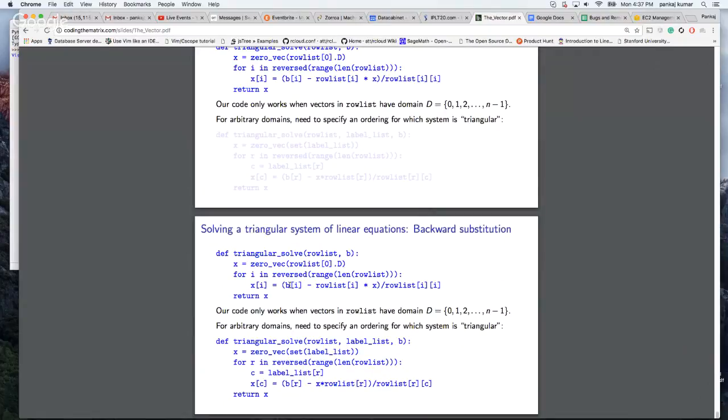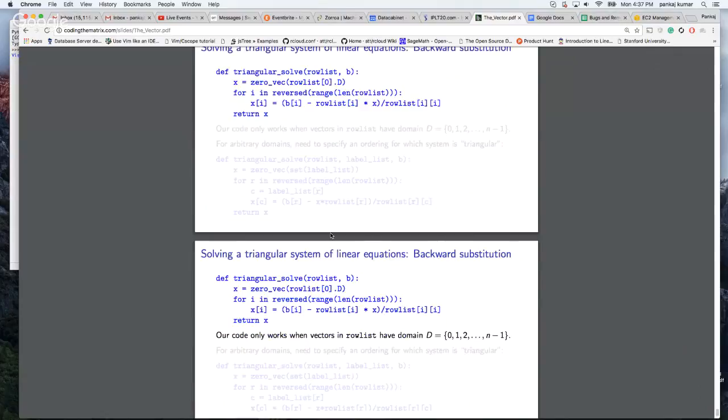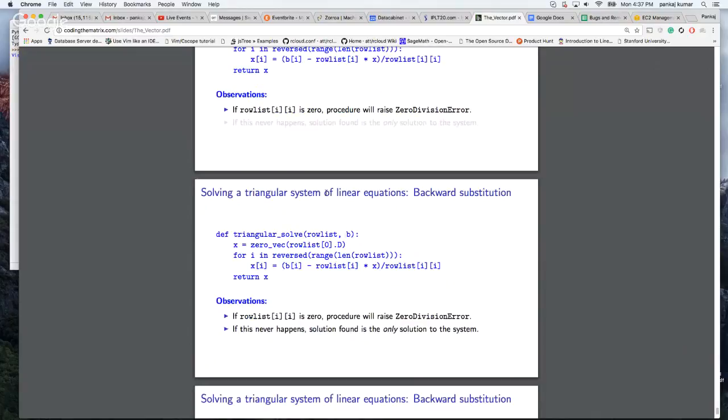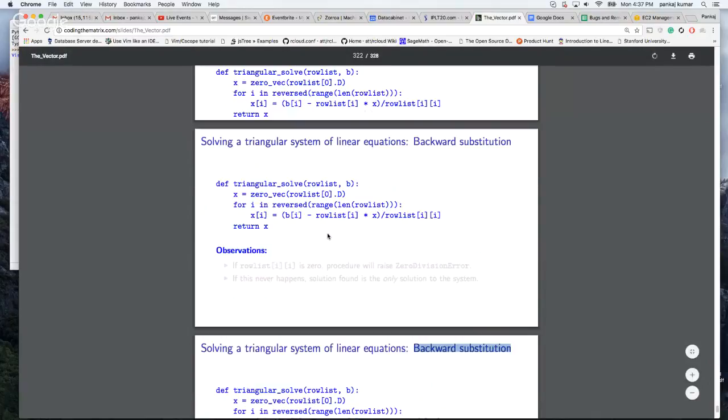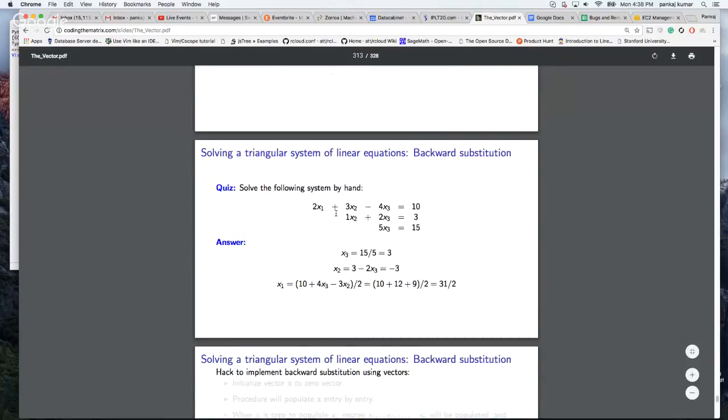There's also something in the book about when this does not have a solution. In an upper triangular system of equations, if one entry, for example this one, was 0, then this would not have a solution, because 2x3 is equal to 3.